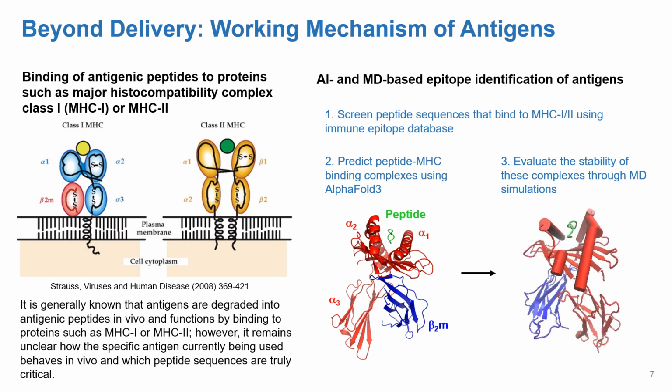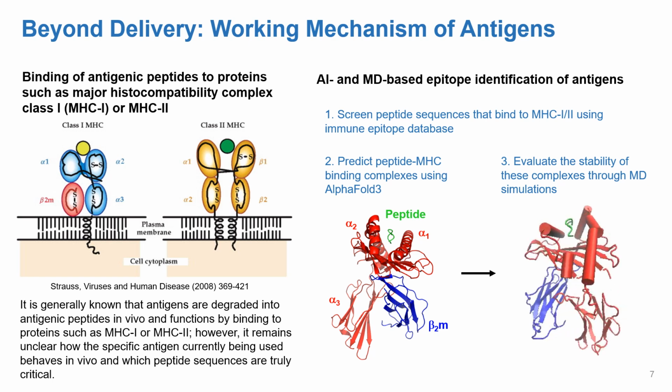This workflow demonstrates how the peptide remains stably bound within the binding groove. This AI and MD integrated approach can be broadly applied to protein engineering, peptide-based therapeutics, and various drug design applications.